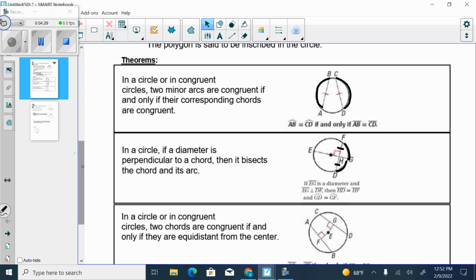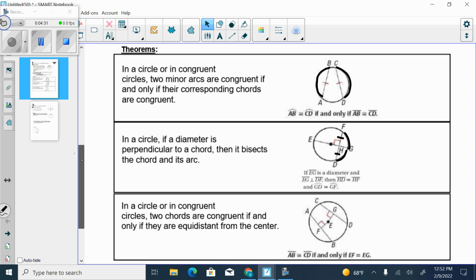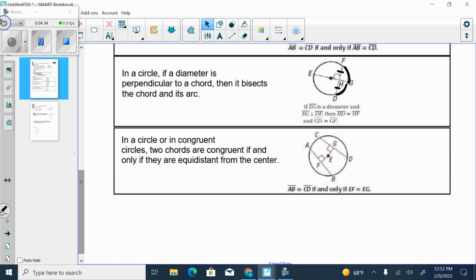Okay? All right, and then our third theorem says that in a circle or in congruent circles, two chords are congruent if and only if they are equidistant from the center. Okay, so our chords would be AB and CD in this drawing. If they in some way tell you, okay, this line is the exact same distance from the middle as this line, then I will automatically know that these two lines are congruent.